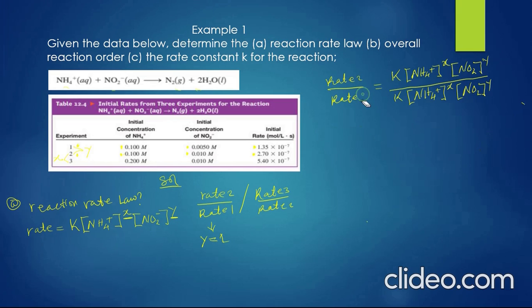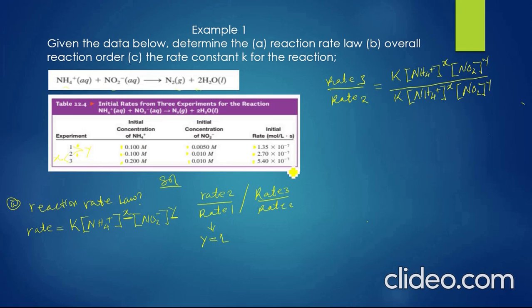So here I'm just going to change. I'm going to say rate 3 and rate 2, and let's just substitute. So what's our rate 3 here? Our rate has been given in experiment 3. We know that our rate has been given to be this, and then the initial concentration for nitrogen dioxide is this, and then the initial concentration of ammonium ion is this.